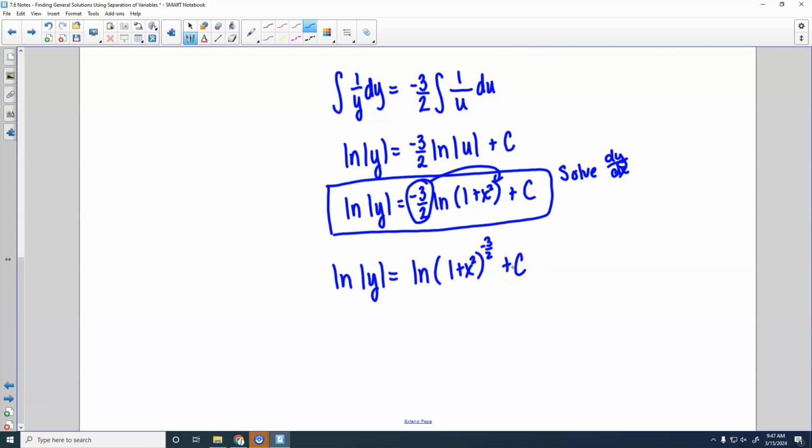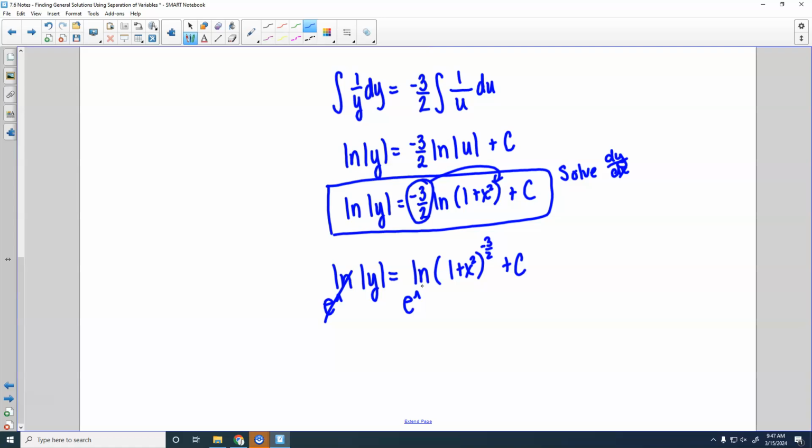And then it feels like you should be able to drop the logs right here, but can you? What's preventing you from being able to just drop the logs? The c, right? So what you're doing is you're doing e to the power on the left side, which does just drop that log. Then you're doing e to the power on the right side, which does not drop the log because of that plus c on the end.